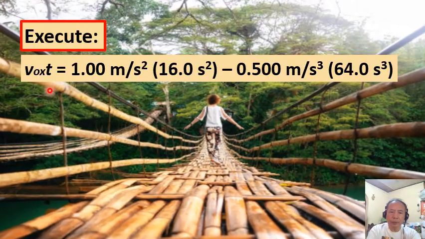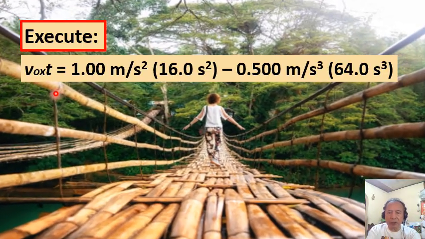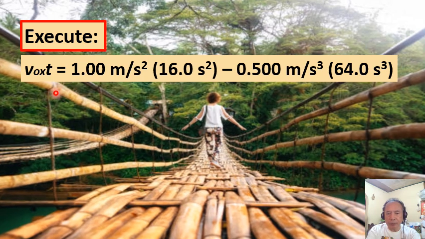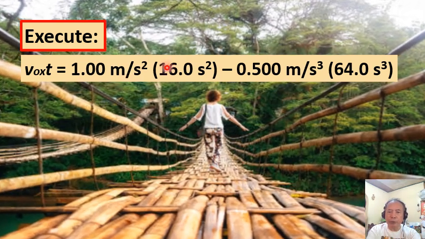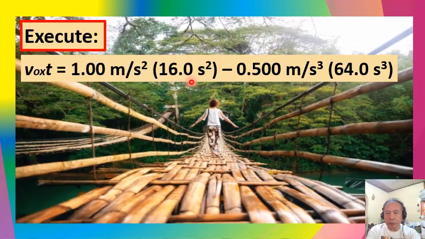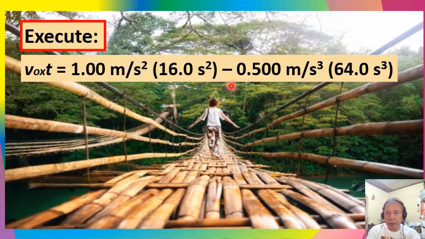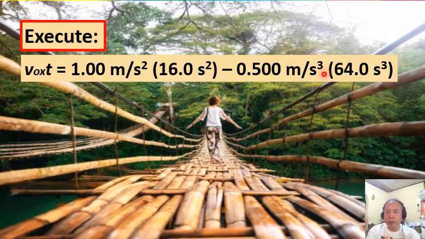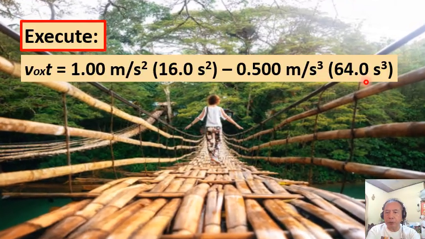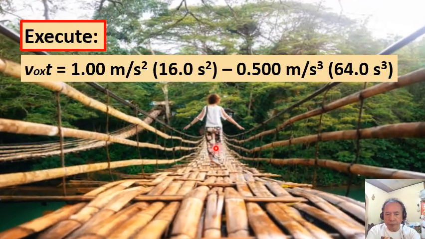Isolating v_0x times t, we get 1.00 m/s² multiplied by 16.0 s², and then minus 0.500 m/s³ multiplied by 64.0 s³.